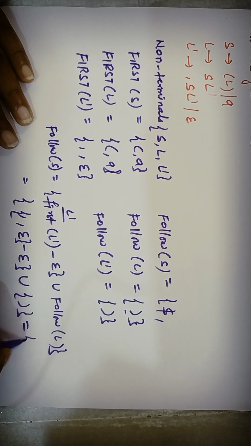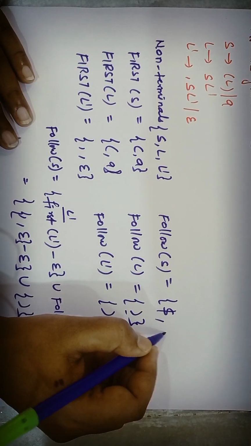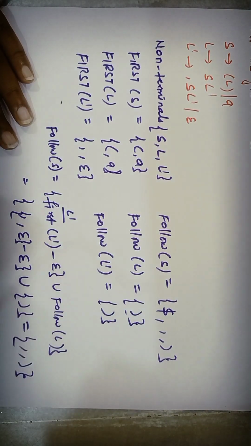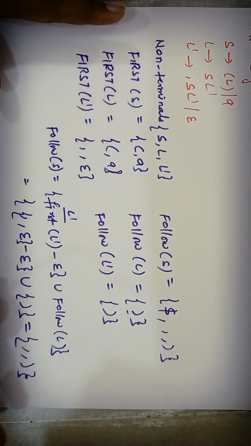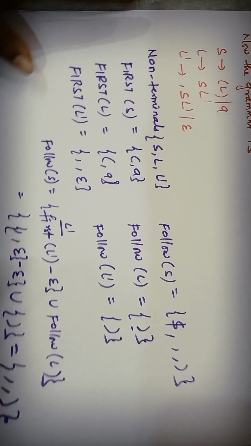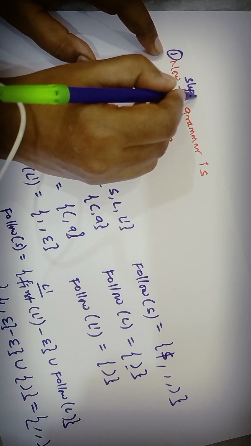Then it becomes... epsilon gets cancelled, comma, closed parenthesis. So already we have written dollar, then comma and a closed parenthesis like this. And this becomes the follow of S.